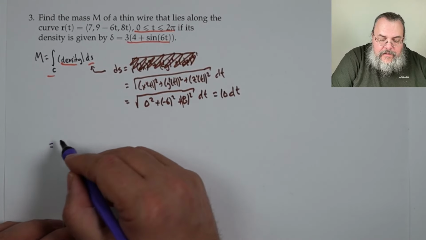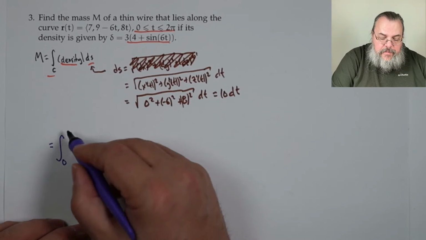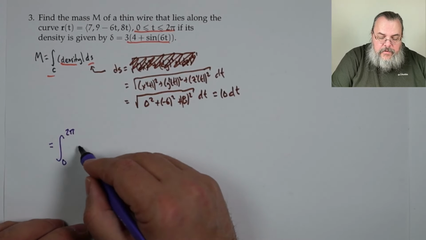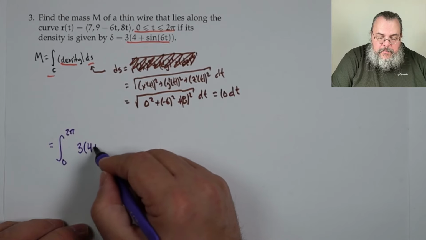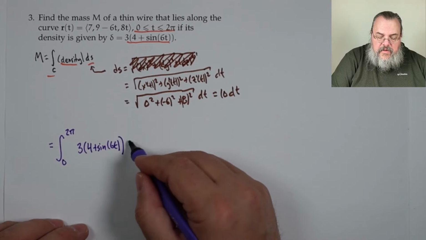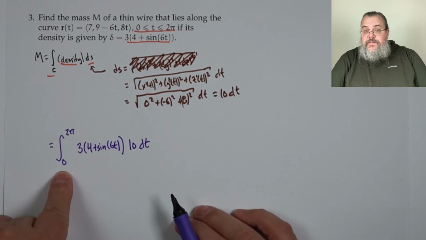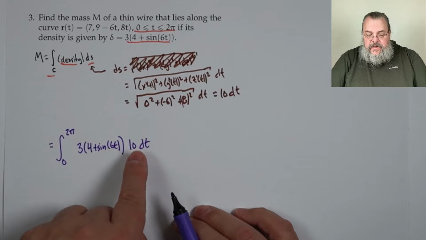So for us, we put everything now in terms of t. 0 to 2 pi, 3 times (4 plus sine of 6t) times 10 dt, right? It's our bounds, our density, our ds.